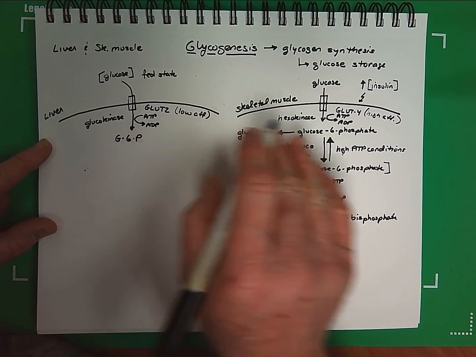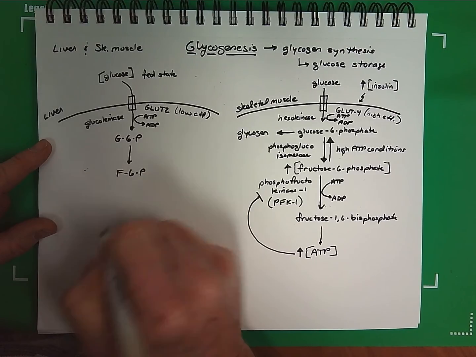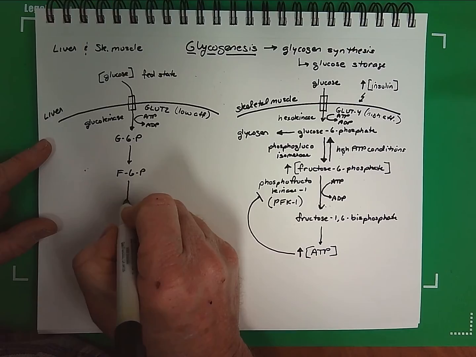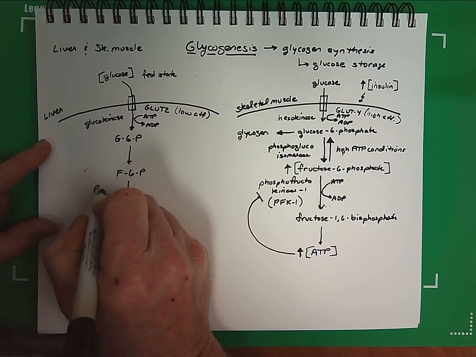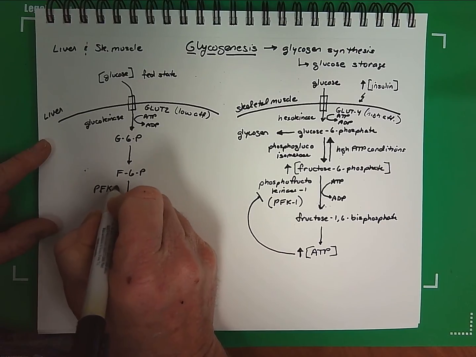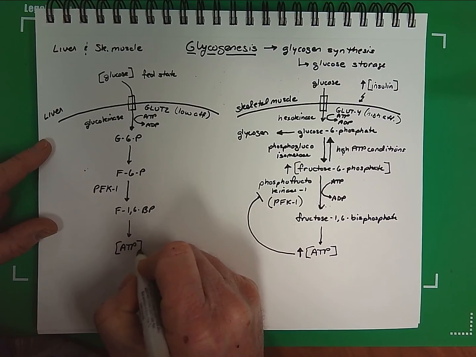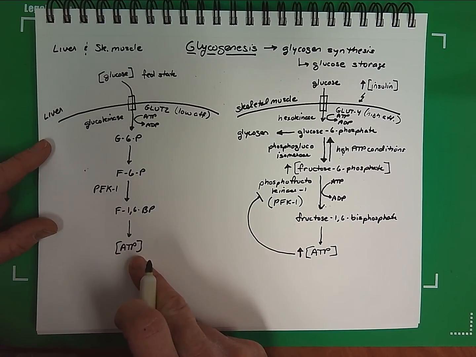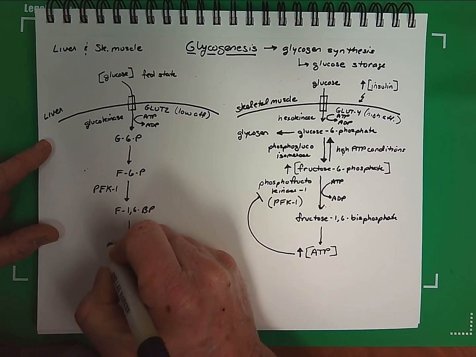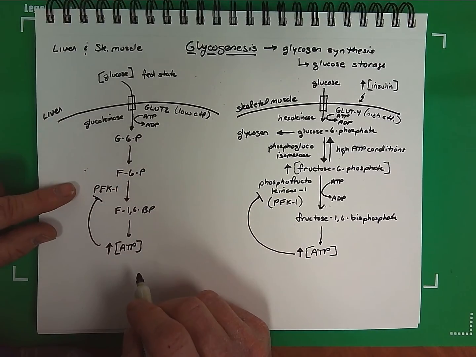And very much at this point, like skeletal muscle, we will be converting this by the isomerase activity into fructose 6-phosphate. The next step is to fructose 1,6-bisphosphate, and again this is the same PFK1. Same considerations as skeletal muscle. We continue primarily through glycolysis, generating ATP beyond the TCA cycle, oxidative phosphorylation, and when these concentrations rise sufficiently, we inhibit PFK1.